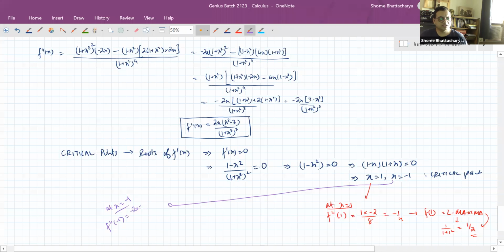Oh, I think I made a mistake in the value here, but it doesn't matter, plus minus. This is 2 into 1 to 1 minus 2, or 1 minus 3, so it will be minus half.